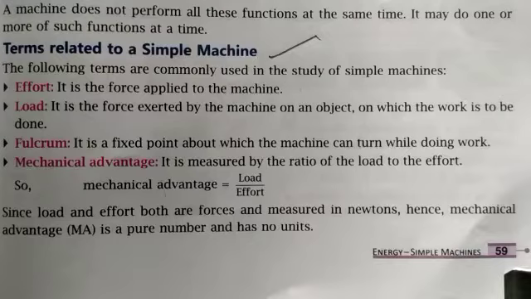It has no units. You have studied force in an earlier chapter, and the unit of force also, that is Newton. So when finding mechanical advantage, we apply the formula load upon effort.